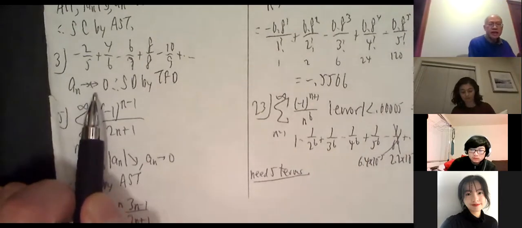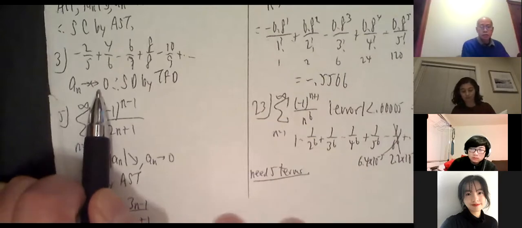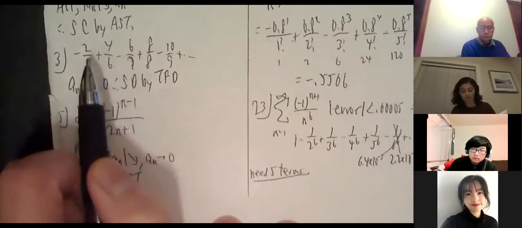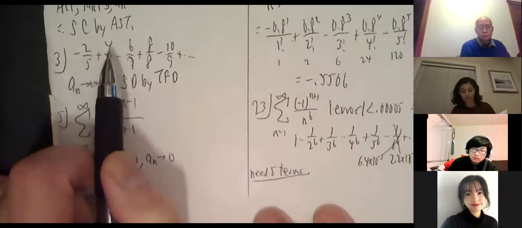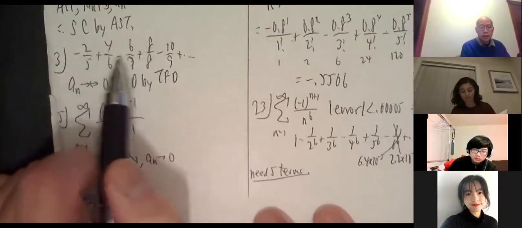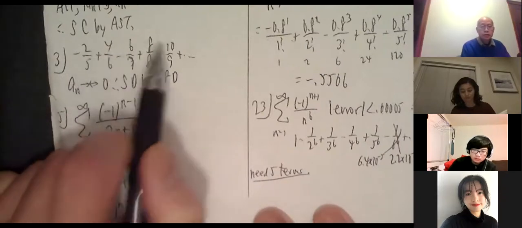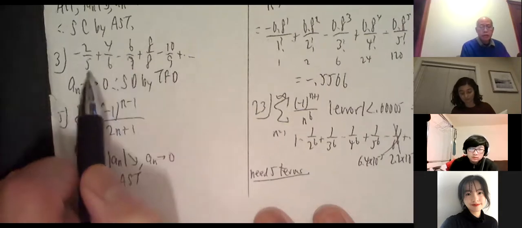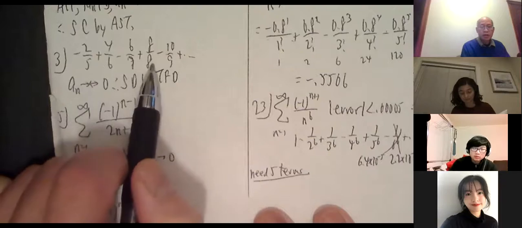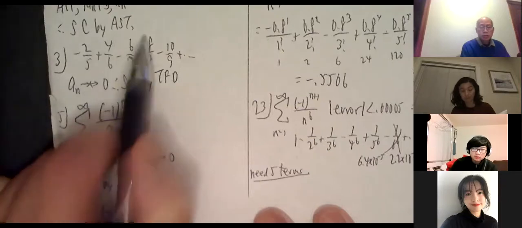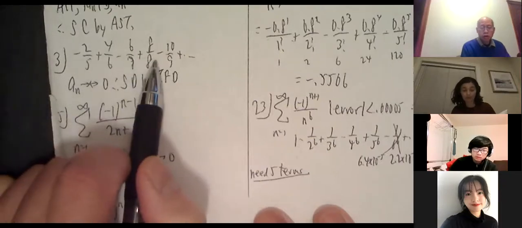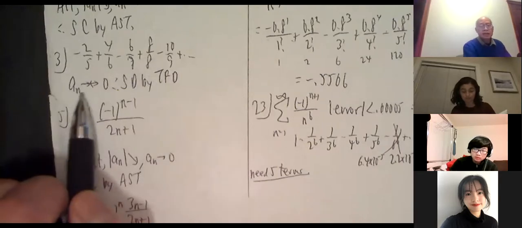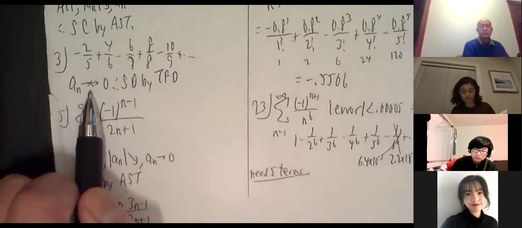But it looks like a sub n does not approach 0. In fact, look at how this thing is progressing. The top goes 2, 4, 6, 8, 10. So the numerator, you just keep adding 2. The bottom goes 5, 6, 7, 8, 9. The numerators, you increase by 2. The denominators, you increase by 1. So it looks like a sub n does not approach 0.